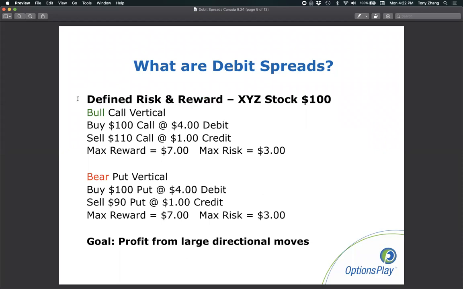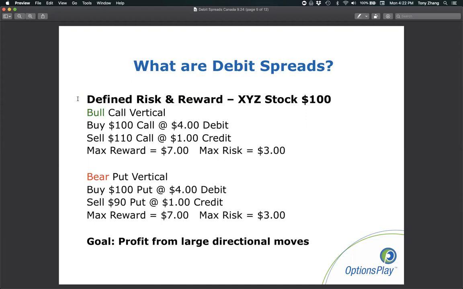That's one of the key things about debit spreads that make it one of my favorite trading strategies, because it really allows me to plan out my trade correctly before I get into a trade. Nothing surprises me, and it allows me to execute on my plan once I'm in the trade, whether the trade goes in my favor or goes against me.